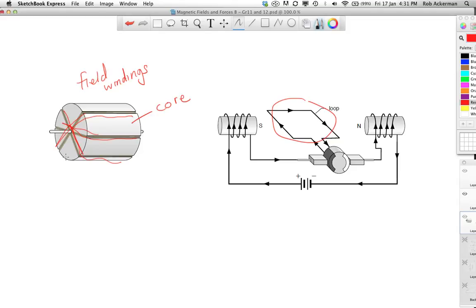Also, if you study this carefully, with just one loop, every 180 degrees of rotation we have to switch the current and switch the terminals we're touching, and therefore we lose current, we lose force, and rotation slows a little bit. With many field windings like this, we can keep that force going.